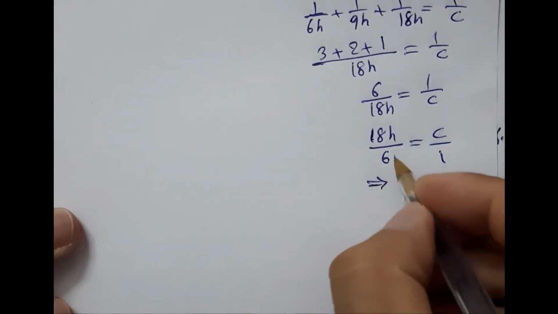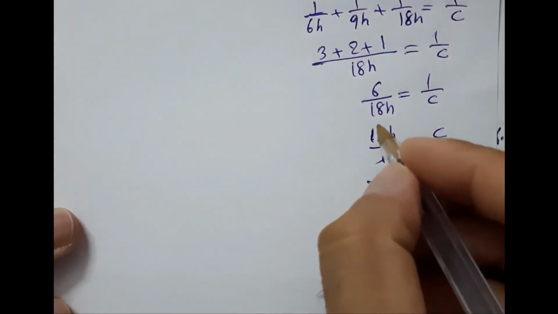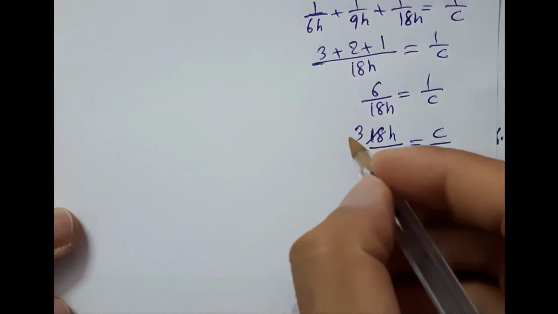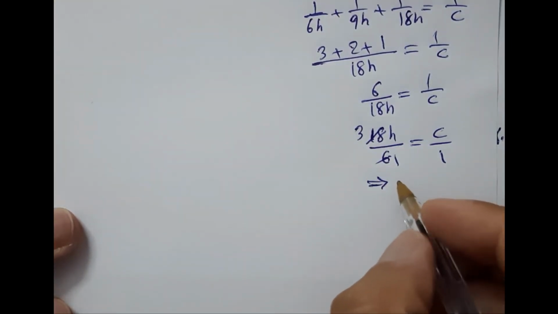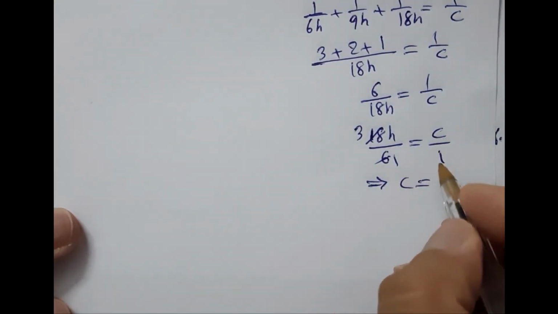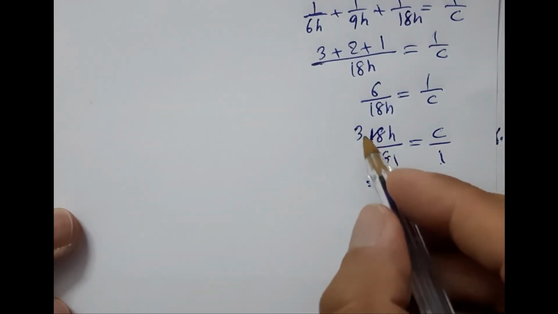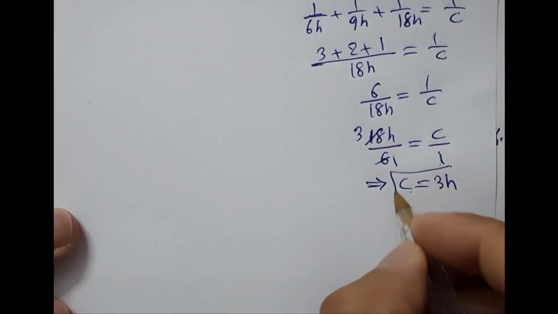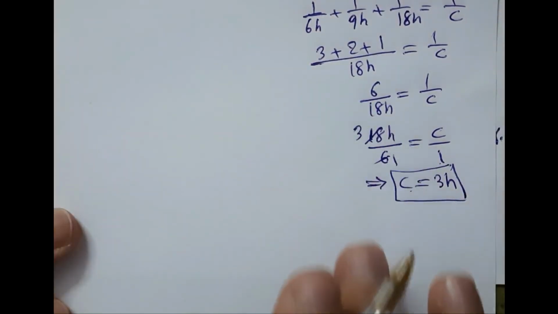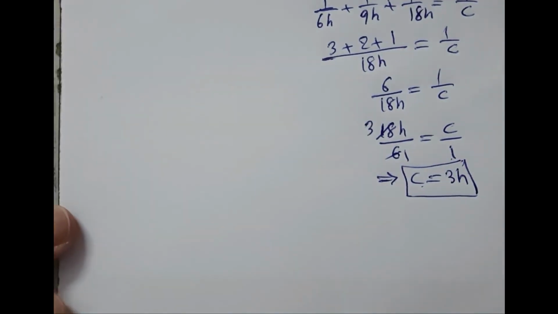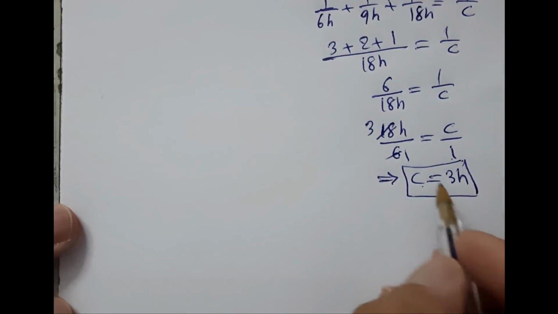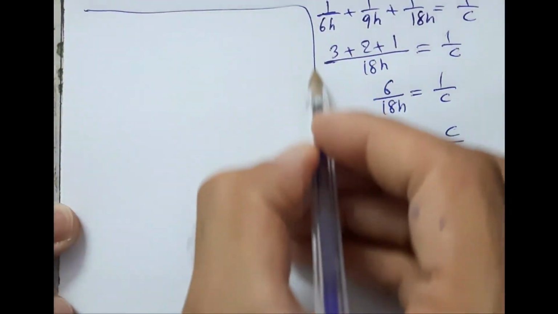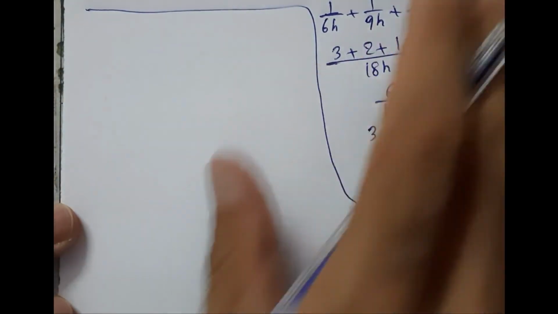Now we cancel 6 divided by 6, 1. 18 divided by 6, 3 times. C is equal to 3 hours. If these three persons work together, they will finish the task in 3 hours. It is the answer.